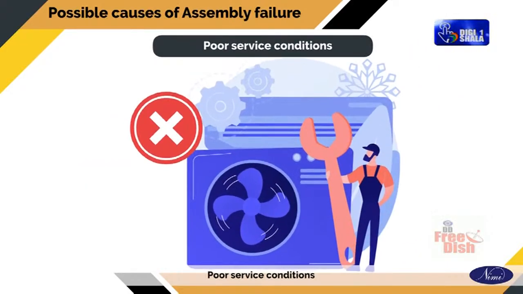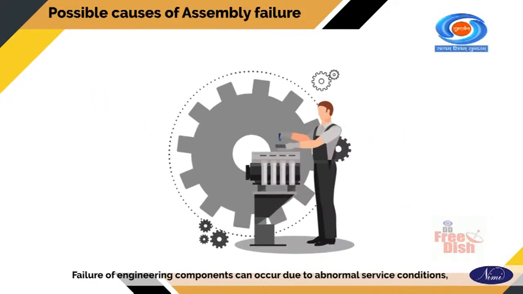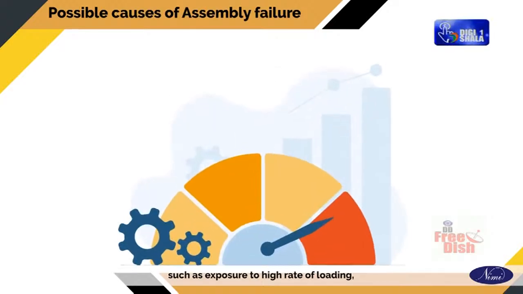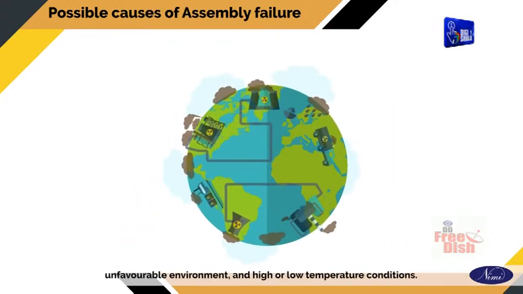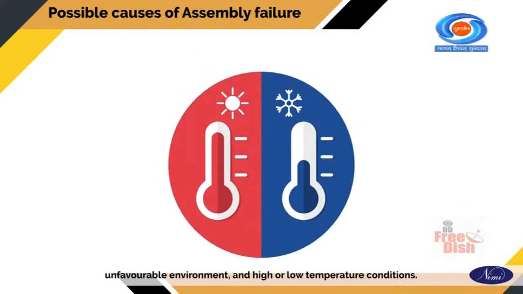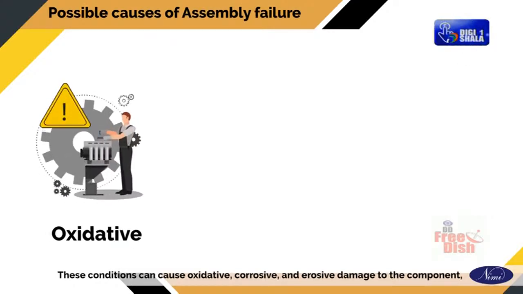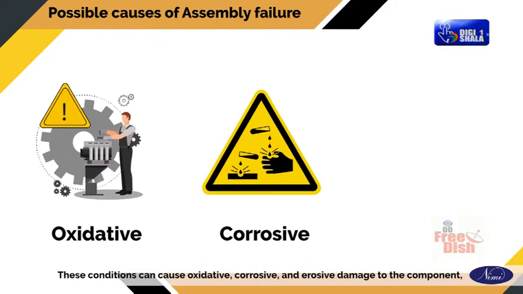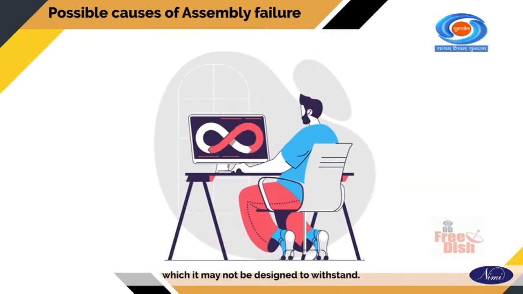Poor service conditions. Failure of engineering components can occur due to abnormal service conditions such as exposure to high rate of loading, unfavorable environment and high or low temperature conditions. These conditions can cause oxidative, corrosive and erosive damage to the component which it may not be designed to withstand.